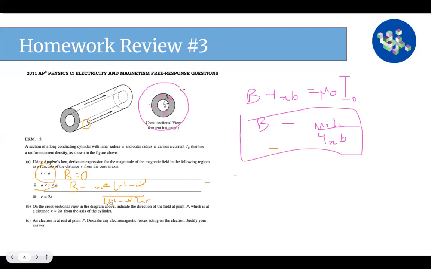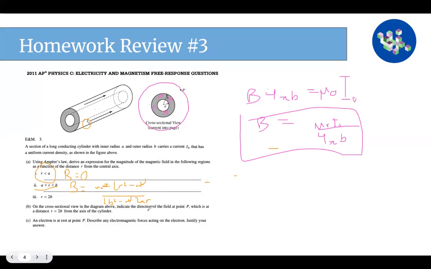It wants us to find the direction of the field. So if the current is pointing inwards, how do I find the direction of the field? Well, if I point my thumb in the direction of the current and curl my fingers, the direction my fingers curl will be the direction that the magnetic field curls.